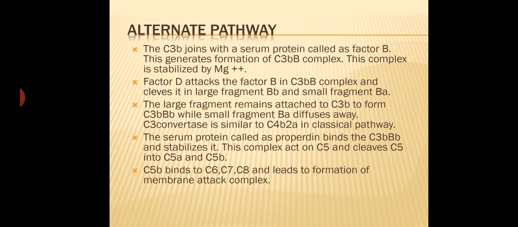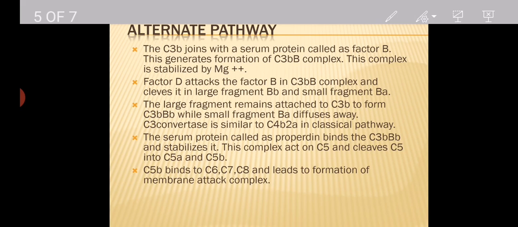C3bBb is similar to C4b2a in the classical pathway. Now it is going to act on C5, converting C5 into C5a and C5b. C5b will be the larger fragment, join the cascade, and later on it is going to activate C6, C7, C8. Ultimately, there is a formation of membrane attack complex.